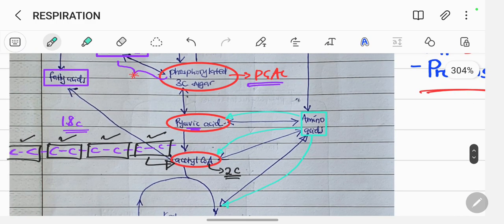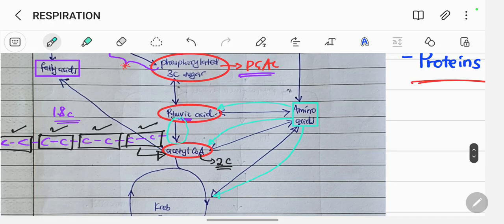And we are saying that this reaction is reversible. The only non-reversible reaction we are seeing here is this conversion from pyruvic acid to acetyl-CoA. So these reactions are reversible.